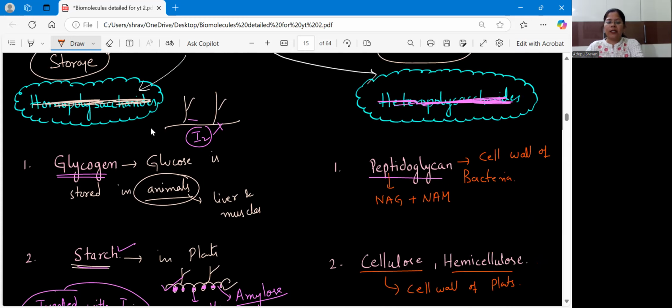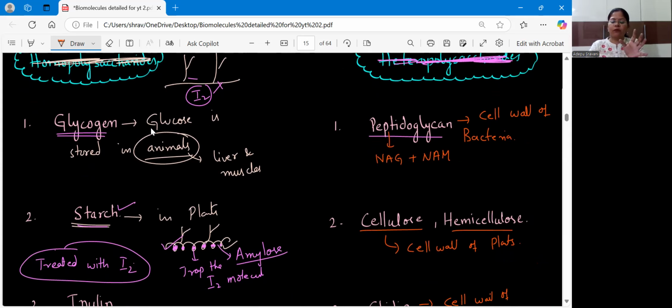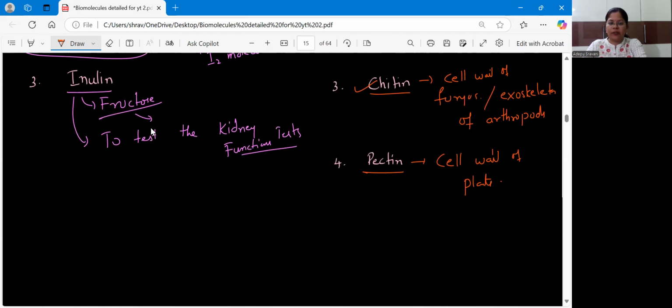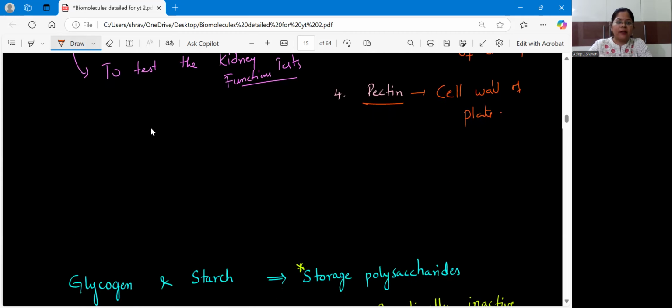And now, again in the exam, they will ask you which of the following polysaccharides are branched or unbranched. So I'll give you a hint or a logic for this to understand. In your textbook, they have mentioned that glycogen and starch are branched, whereas peptidoglycan, cellulose, chitin, they are unbranched. So let me write down those points and then I'll tell you the trick.